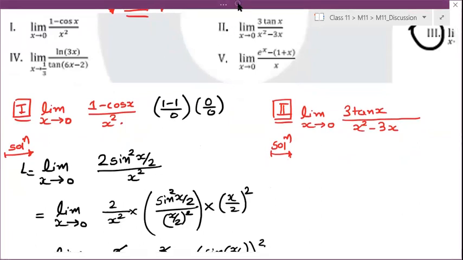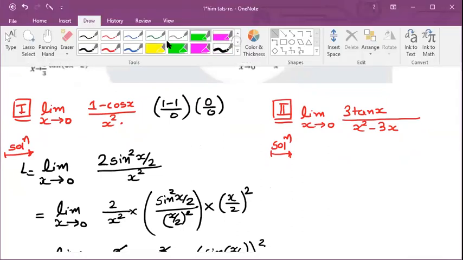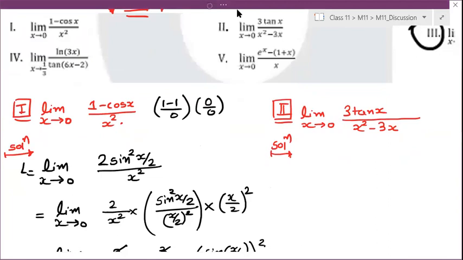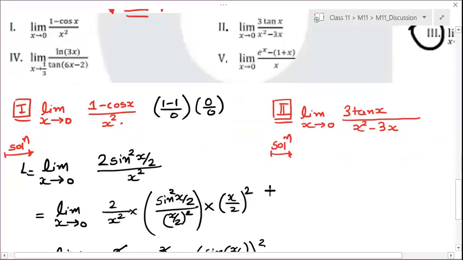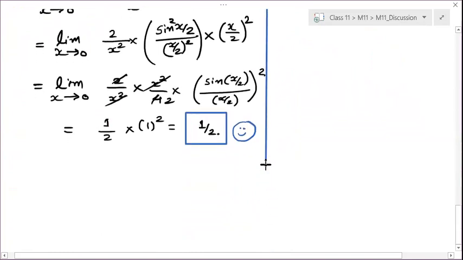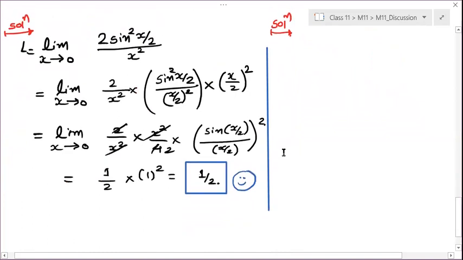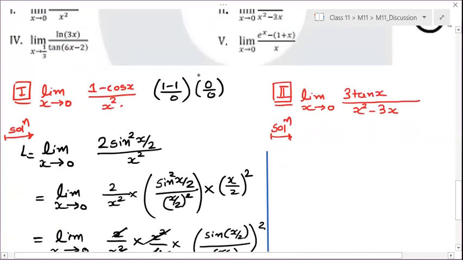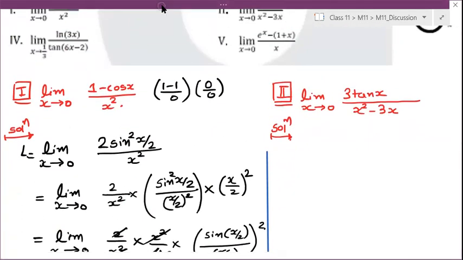So in the denominator, if I take x common, not 3, my mistake.